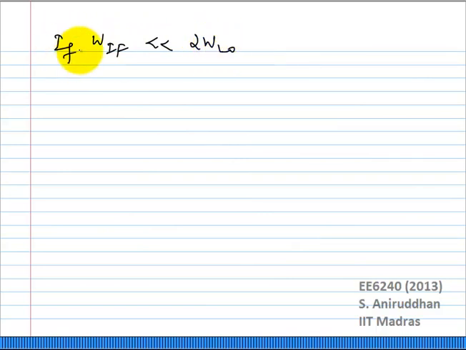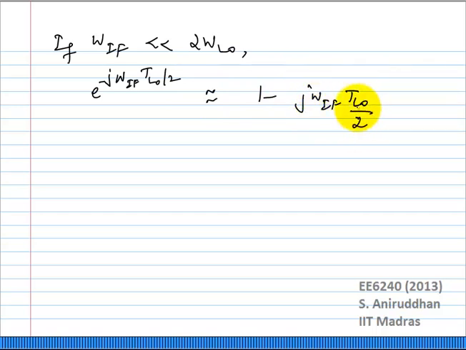If omega IF was much smaller than 2 omega LO, so e power minus j omega IF TLO by 2 becomes approximately 1 minus j omega IF TLO by 2.